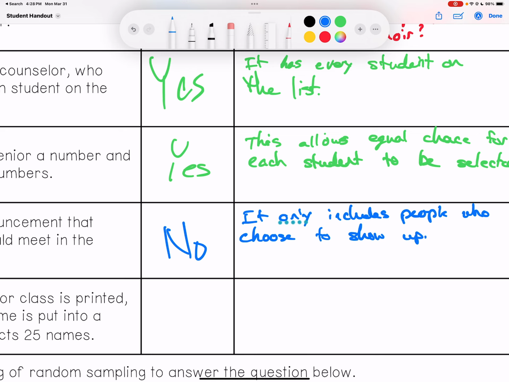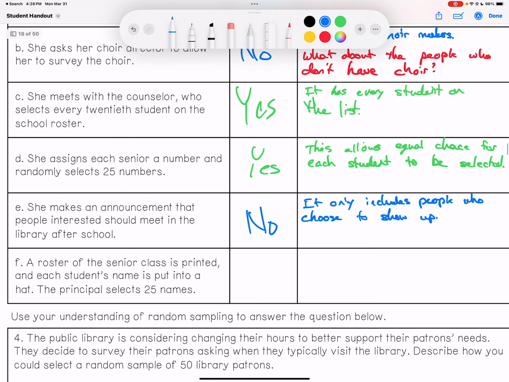Yes, because they all had an equal shot to be sent to, and then some of them got it sent to, and they chose not to respond. That's different. Okay? On this one, they just chose not to come to her meeting. But as I said, some of them could have not been at school, so it wasn't truly random because they weren't there that day.